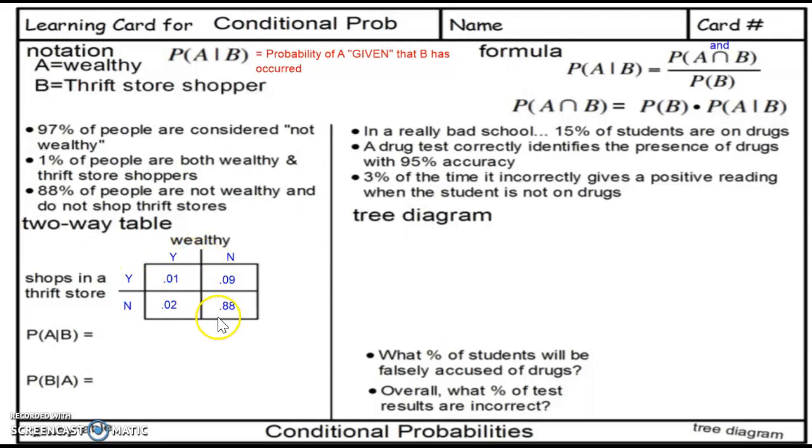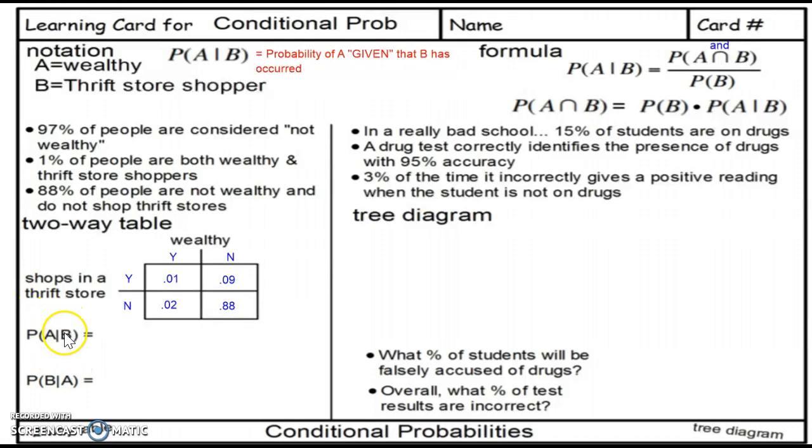Before I start to use this and look at these probabilities, let's take a look at the formula for conditional probability. So the probability of A given B is equal to the probability of A and B. This symbol right here is the symbol for intersection, which is and. The probability of A and B divided by the probability of B. So this is the formula that I want to use down here for these two probability questions.